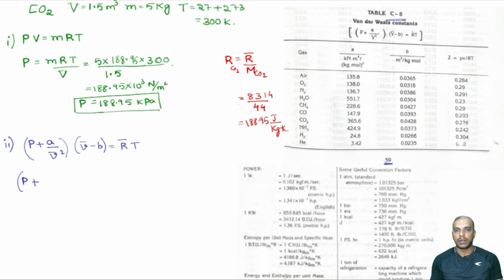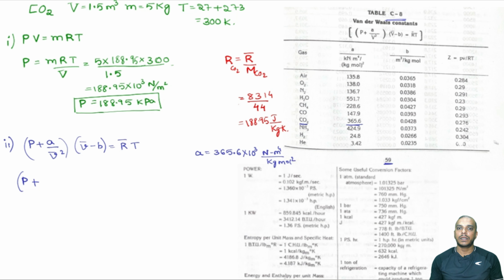So, we are looking for carbon dioxide. It is here. The value of a is 365.6. As we said, it has to be multiplied with 10 power 3, so that the unit is Newton meter power 4 per kg mole square.